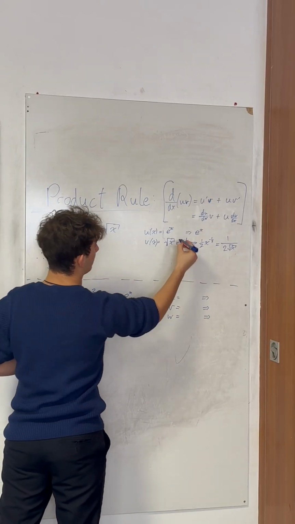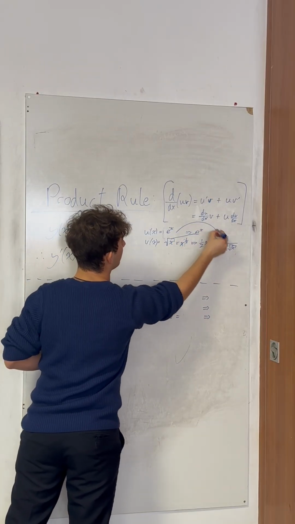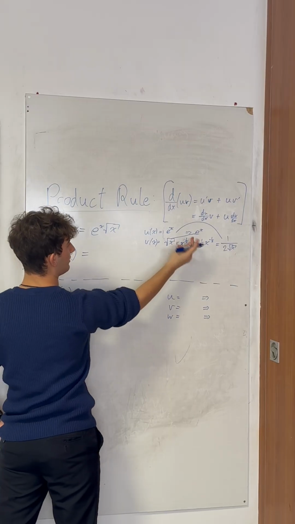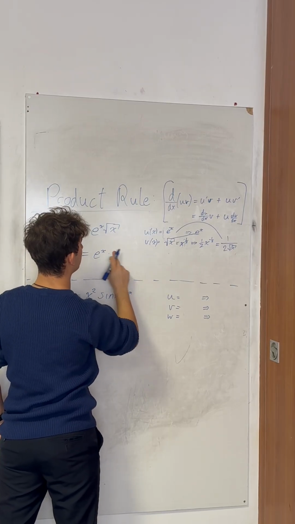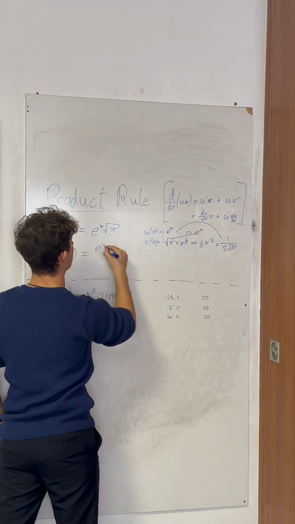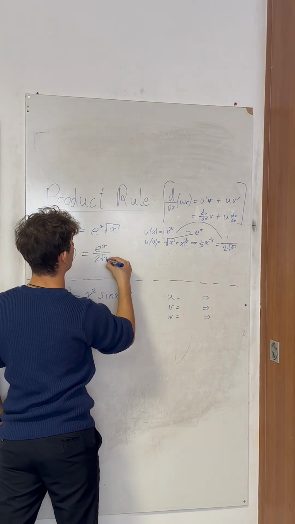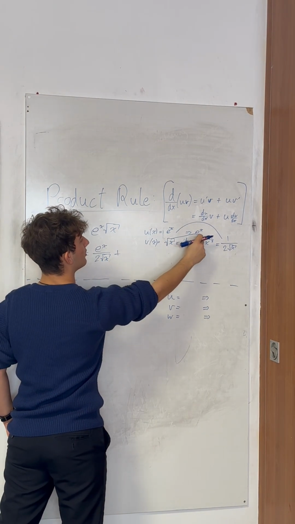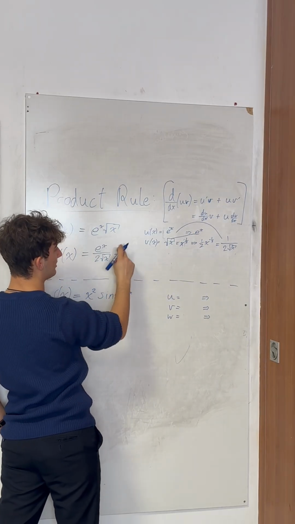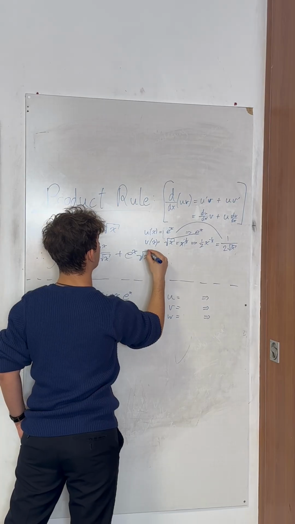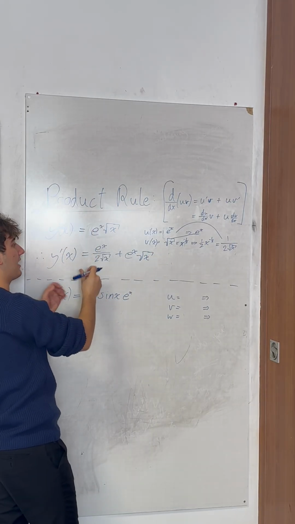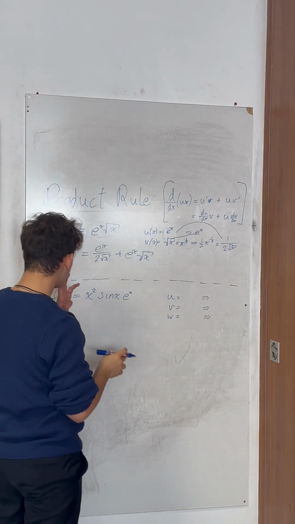So we'll take these two and these two together. So that's going to be e to the x over 2 root x plus those two times together, which happens to be the same thing actually. So e to the x times root x. And if you wanted, you can factor out e to the x and simplify, but I'm not going to bother.